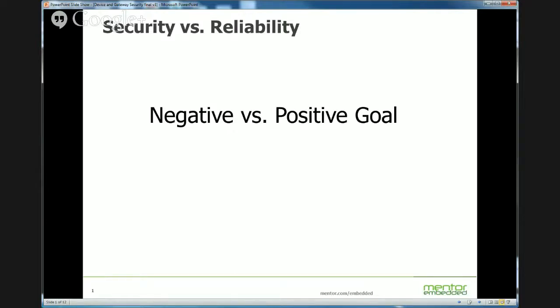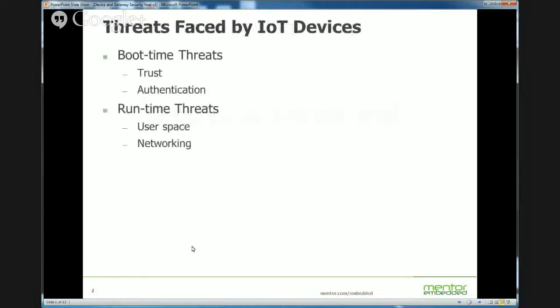So for IoT devices, there are many different aspects to security, areas that can be focused on: ensure the code cannot be modified by a malicious attacker, ensure software upgrades are conducted safely, so you don't inject malicious code, and ensure the device is robust enough to handle network attacks. So with that, what are some of the threats faced by IoT devices?